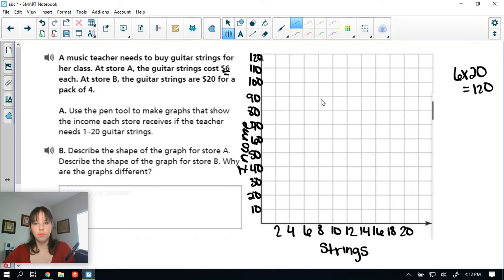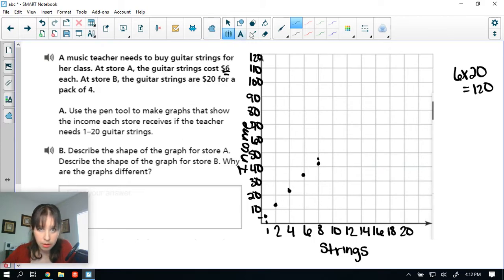All right. And so what this would look like is here at 1, we would be roughly at 6. So at 2, 2 times 6 is 12. 4 times 6, about roughly there. 6 times 6 is 36, about roughly there. 8 times 6 is roughly here.